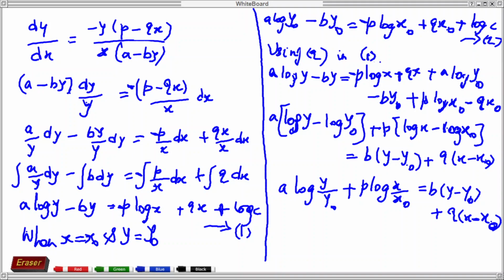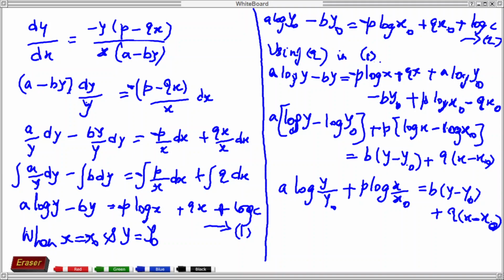And so we are collecting the terms with y on the left hand side and terms with x on the right hand side. Later, let us consider each term separately, that is a into dy by y on the left hand side. On the left hand side, the second term will be minus by into dy by y. On the right hand side, minus p dx by x, minus into minus, plus qx by x dx.